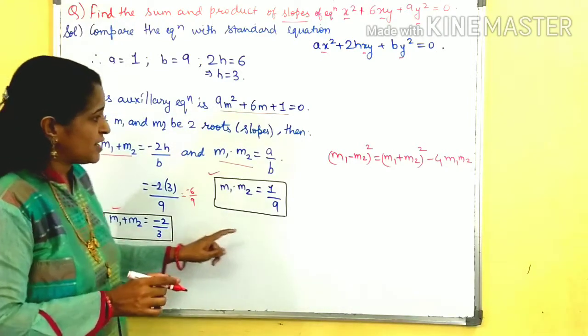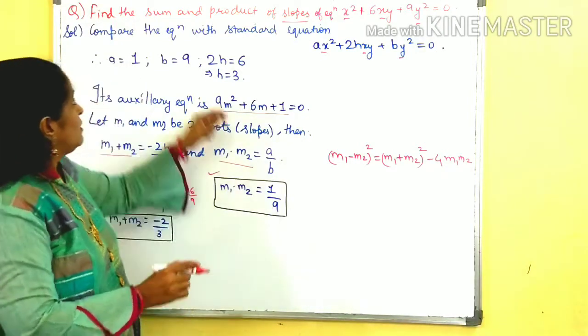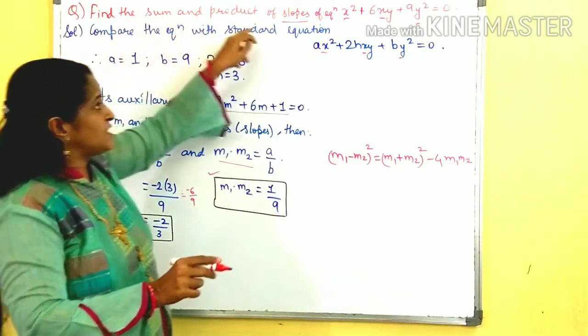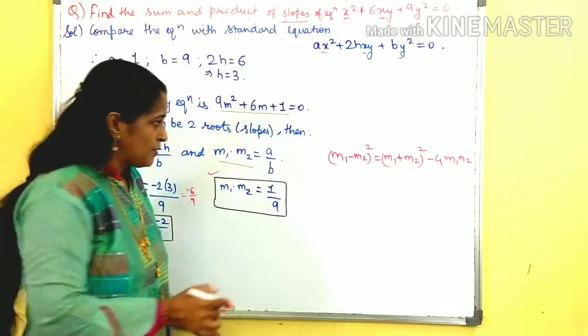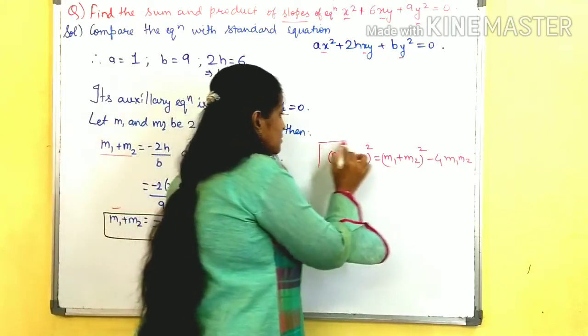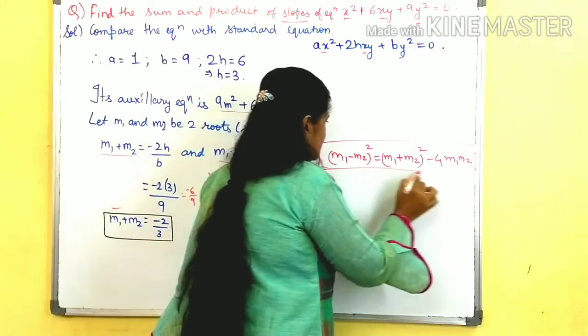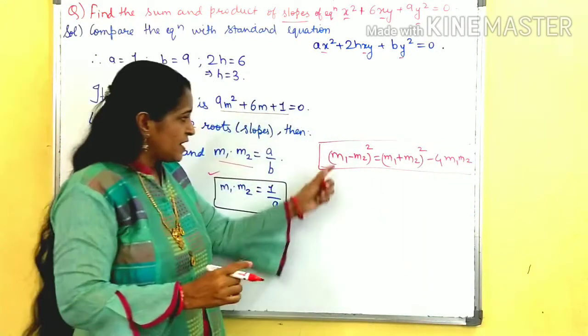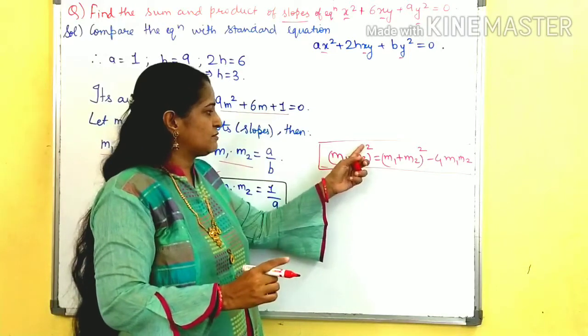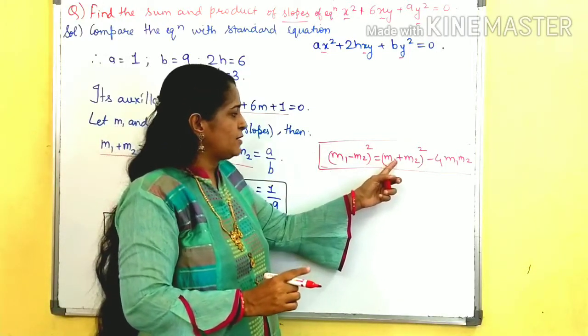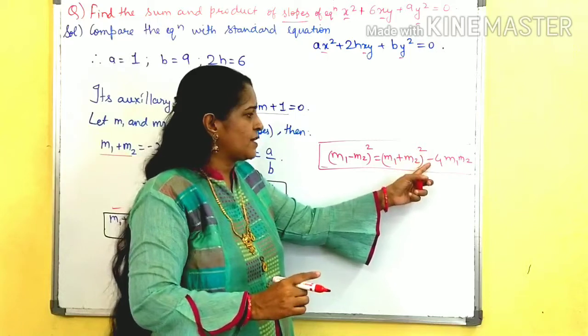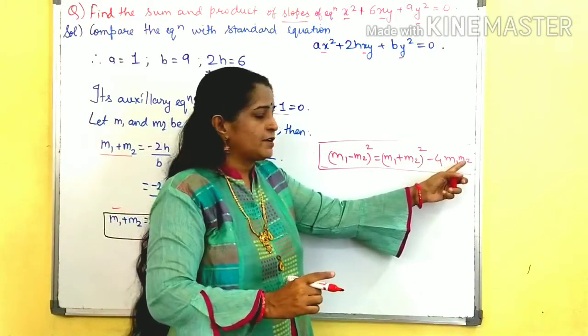Similarly, you have some questions in which find the difference between slope. So here you have to use that result. What is your result? m1 minus m2 whole square is equal to m1 plus m2 square minus 4 m1 into m2.